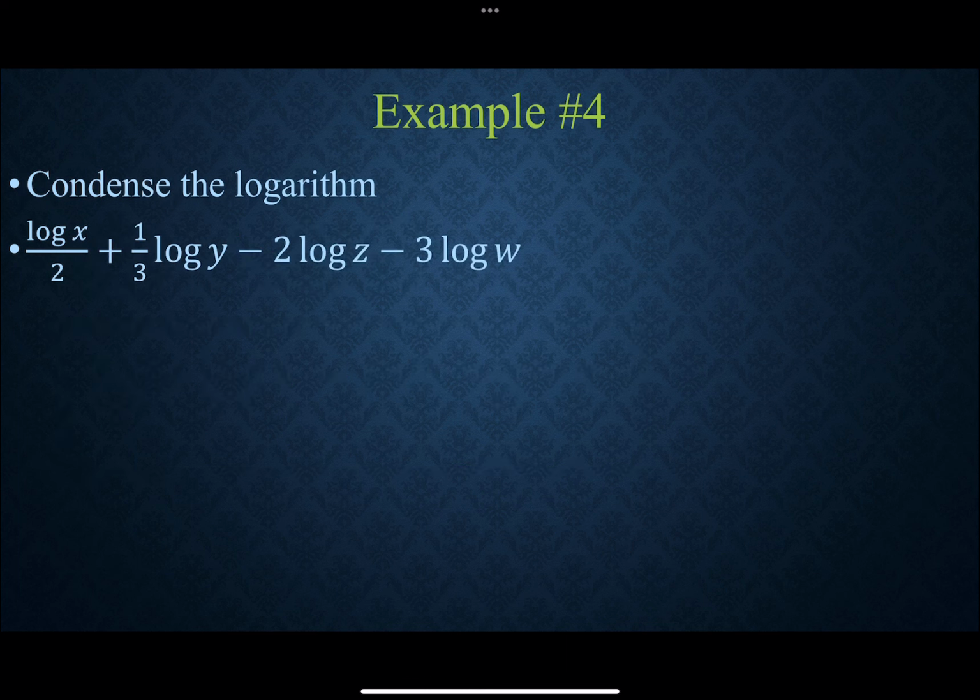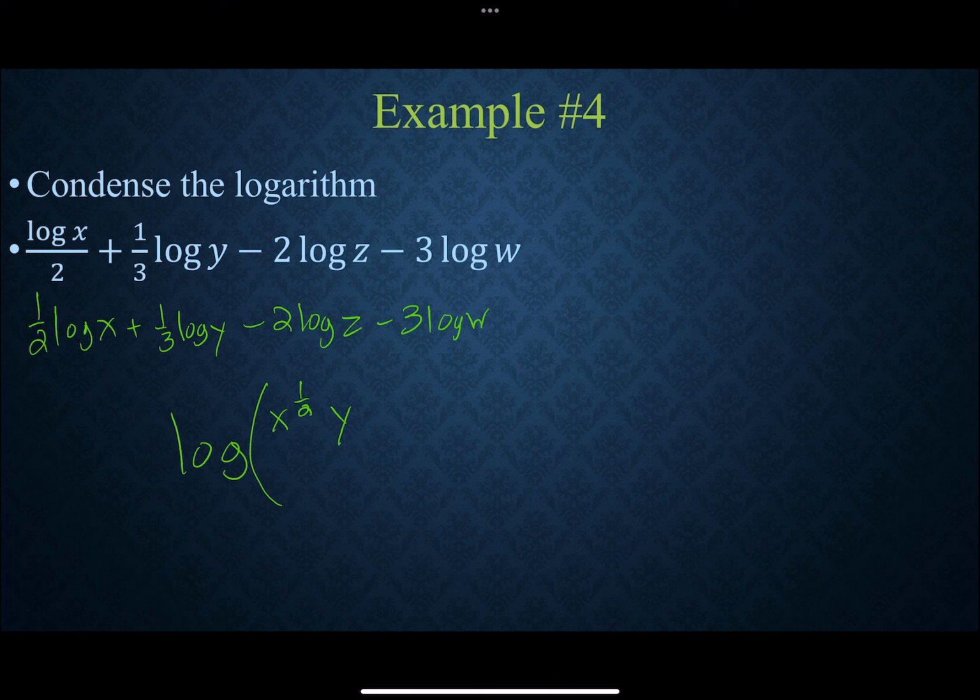Whereas condensing reverses that, where we recognize something like this right here, log x over 2 is really 1/2 log x. So depending upon how it's written, they'll either write it as a 1/3 like they had there for the y, or they'll write it as a over 2, so it's really the same thing as a half. So the idea here is the x has a coefficient of 1/2, so the exponent is 1/2.